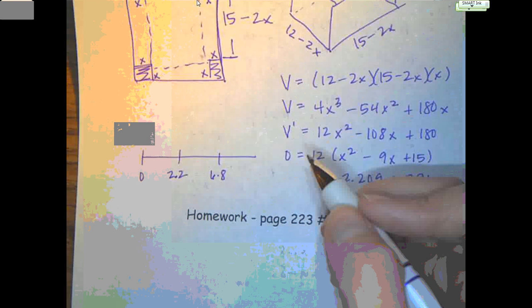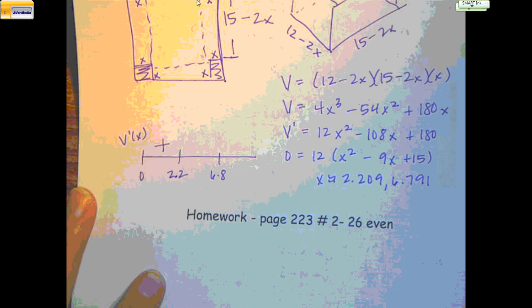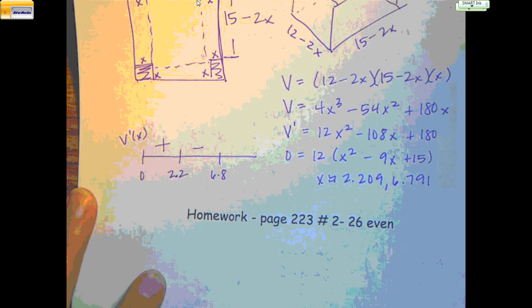What's the largest x could be? 6. Well, technically. Let's pretend like we didn't even think about that. We could put 12 or whatever. I do want you guys to see the pluses and minuses on this. If you take like 1 and you plug it in, you're going to wind up with a positive. If you take a 5 and you plug it in, you're going to wind up with a negative. Take like a 10 and plug it in, you're going to wind up with a positive.